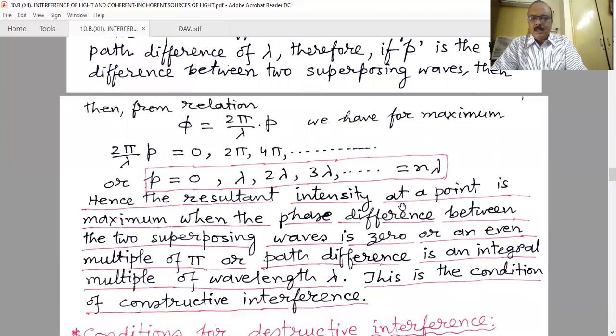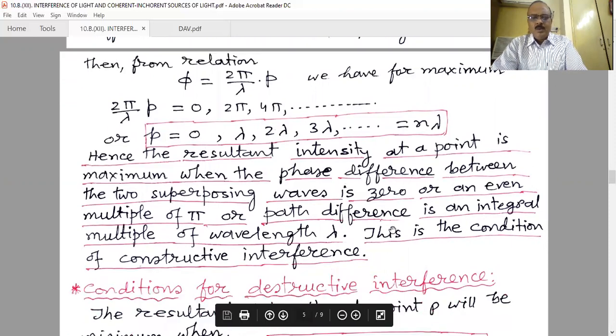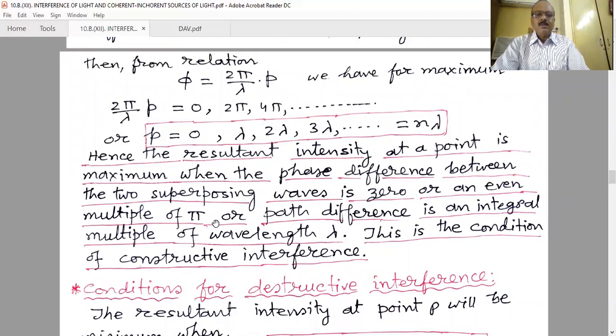Hence, the resultant intensity at a point is maximum when the phase difference between the two superposing waves is 0, or an even multiple of pi, or integral multiple of 2 pi, or path difference is an integral multiple of the wavelength lambda. This is the condition for constructive interference.